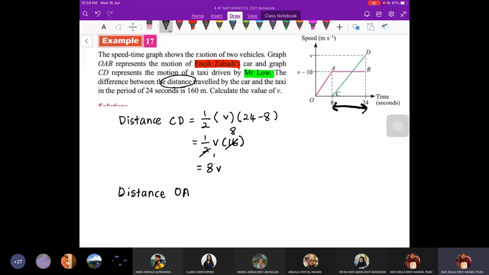OAB. So OAB bentuk apa guys? Trapezium kan, Miss? Ya, dia trapezium. Kamu nak bahagikan kepada dua tak ada masalah, triangle and rectangle. Tapi boleh guna je trapezium terus. So 1/2 times 24 plus berapa? 24 tambah berapa?